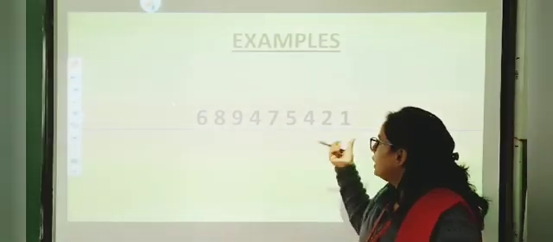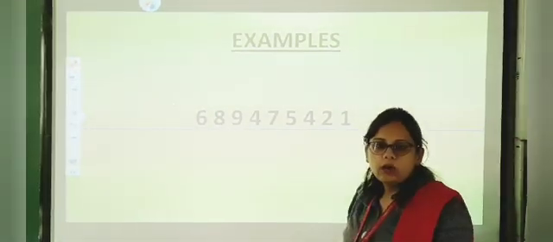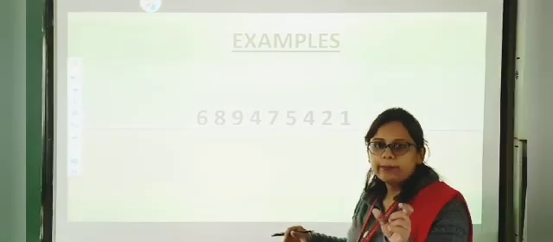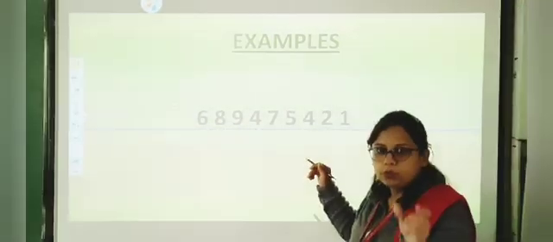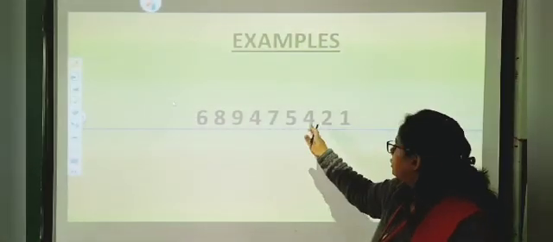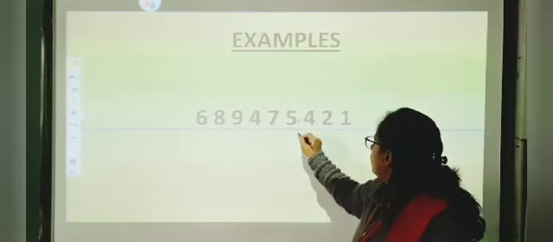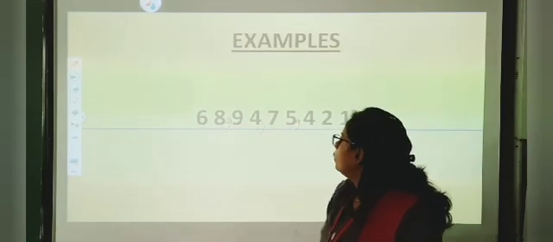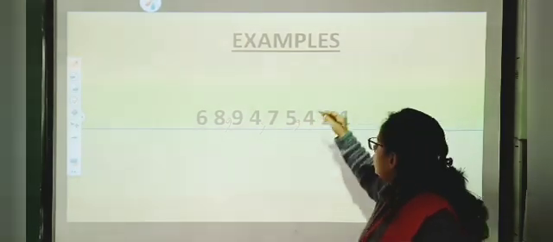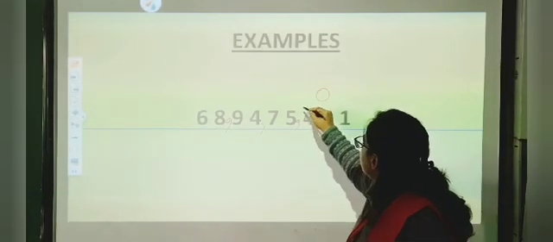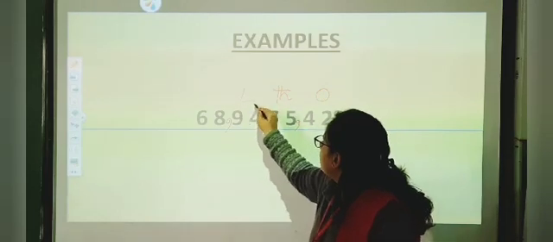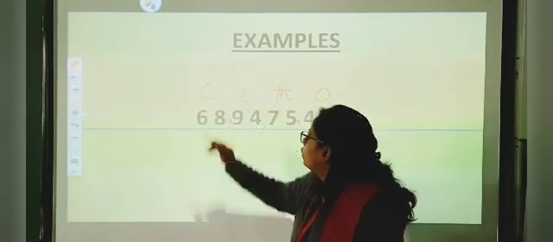Here again I have taken a 9-digit number. So how can you number name it? First of all, the first step to number name is to put commas to group the number. So after 3 digits put a comma, then again after 2 digits, then 2 digits. Now as I told you, the periods are ones, then thousand, then lakh and then crore.